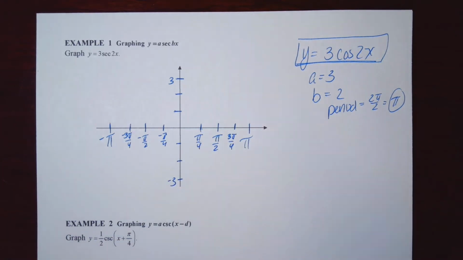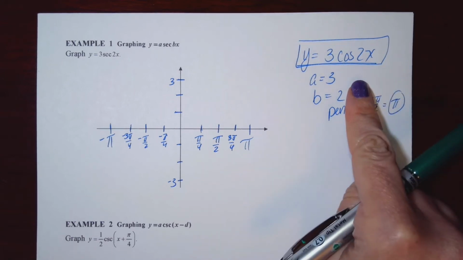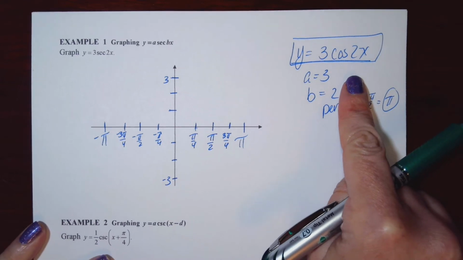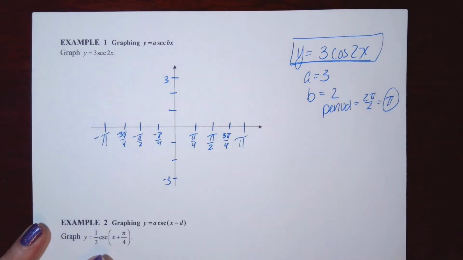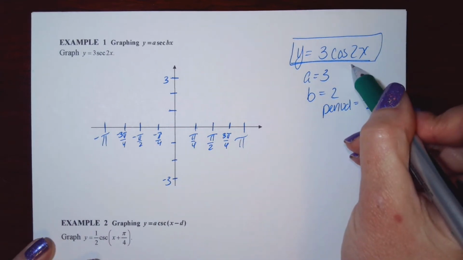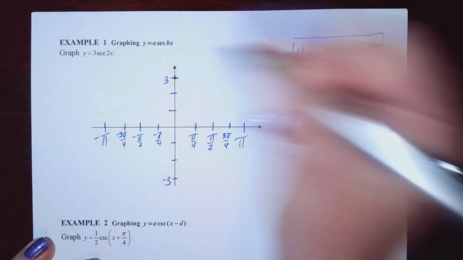Now I'm going to graph my cosine function as a dotted line, because that is my structure, that's what I'm building off of to get my secant function. Positive cosine starts at peak.